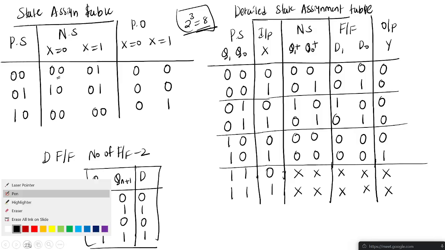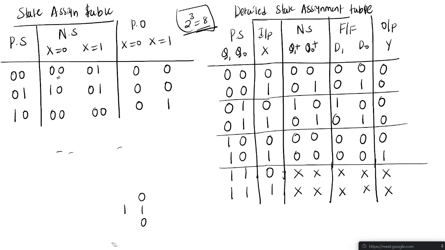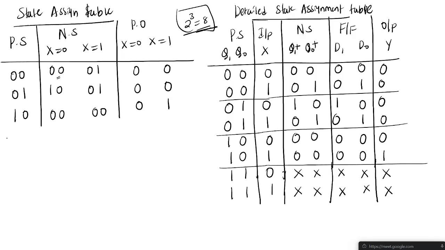So this one is not required, the excitation table. You remembered, no? Okay. So here you see, what is D1? Tell me. D1 in terms of Q1, Q0, X. Tell me the minterms.